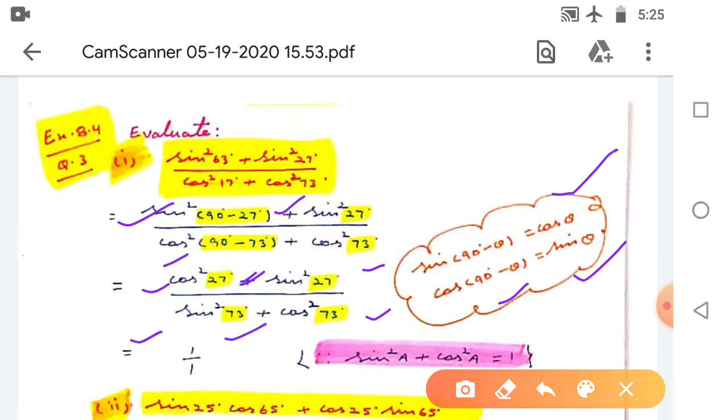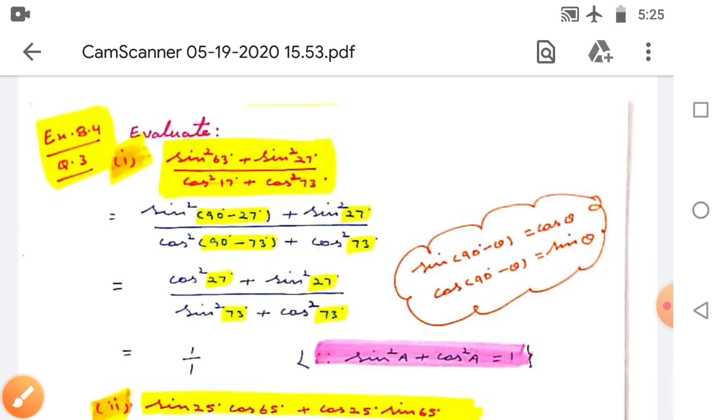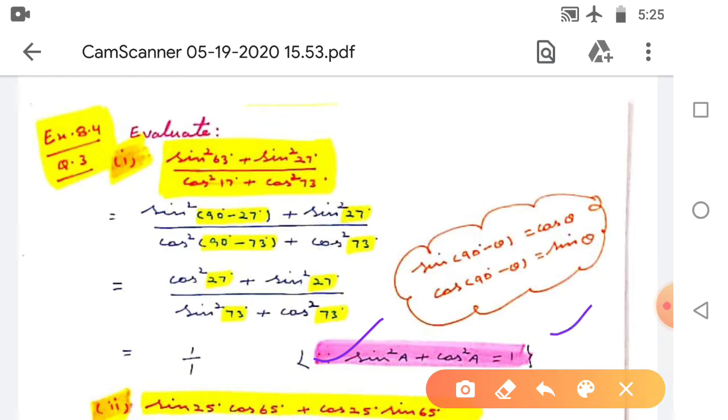So this is the form of sine square theta plus cos square theta is equal to 1. Again, this is sine square theta plus cos square theta is 1, because in the denominator the theta is 73 and in the numerator the theta is 27. So by applying the identity sine square theta plus cos square theta is equal to 1, or here you can write sine square A plus cos square A is equal to 1.